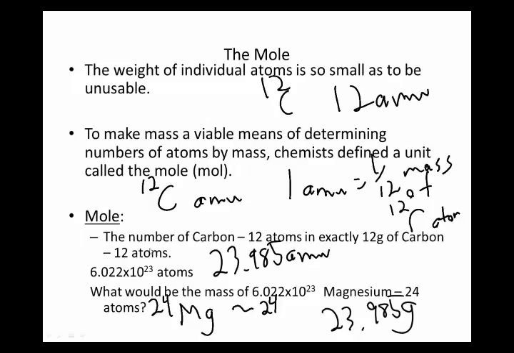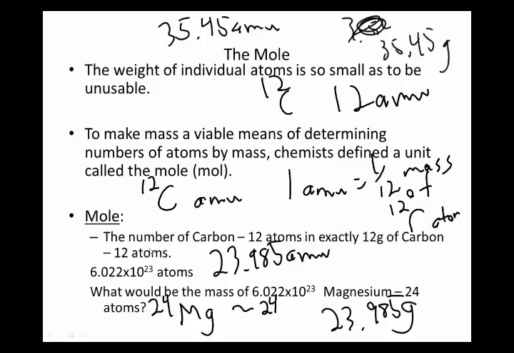So chlorine atoms, an average chlorine atom weighs 35.45 AMU, that means a mole of them would weigh 35.45 grams.